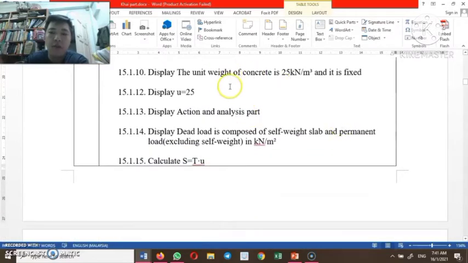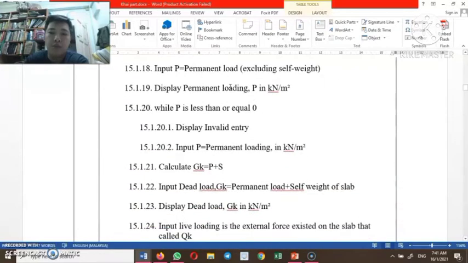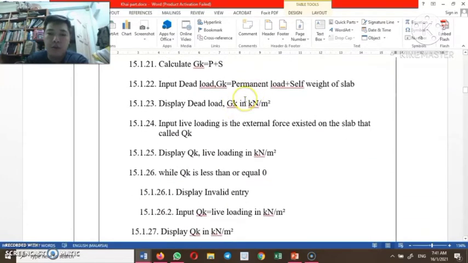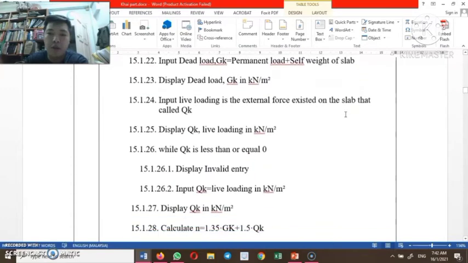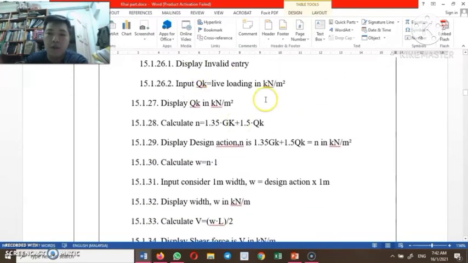After the thickness, the user will type in the permanent load. Of course it is used to calculate the Gk, the dead load. Okay, and then to find the live loading.